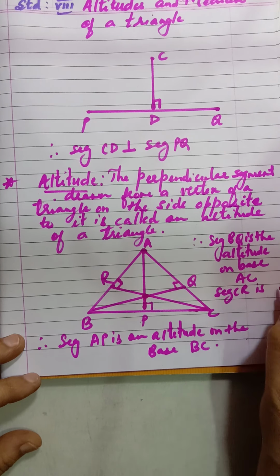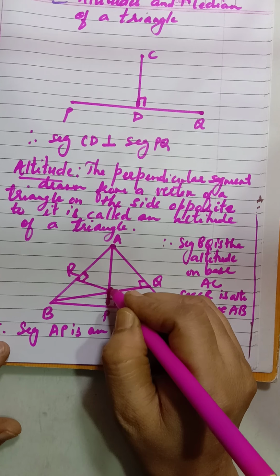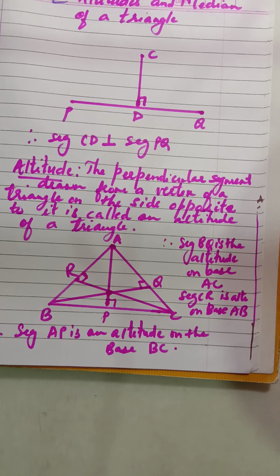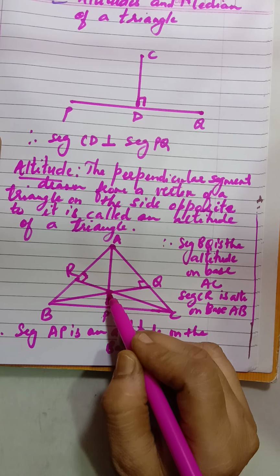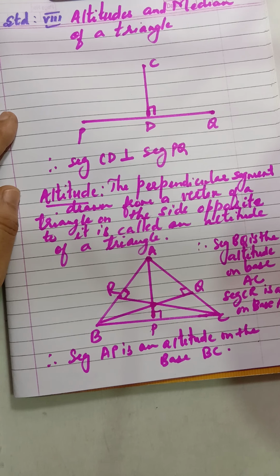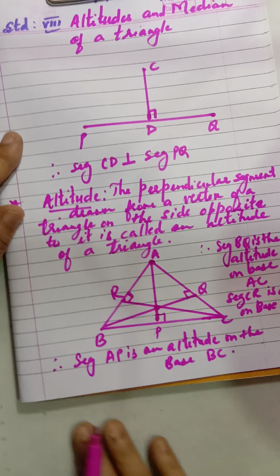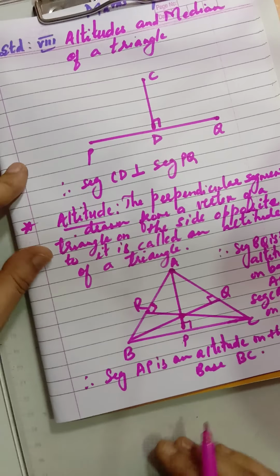So this way we have drawn all the 3 altitudes. Now, children, where all the 3 altitudes intersect at one common point, that point is called the point of concurrence, and this point of concurrence is called the orthocenter of a triangle. It is denoted by letter O. So children, you will be writing one point below.